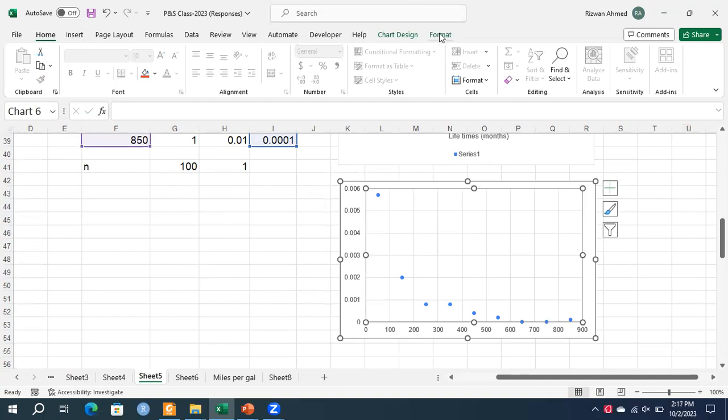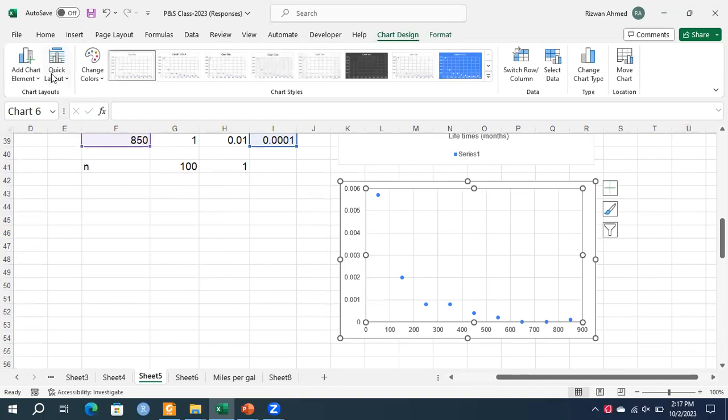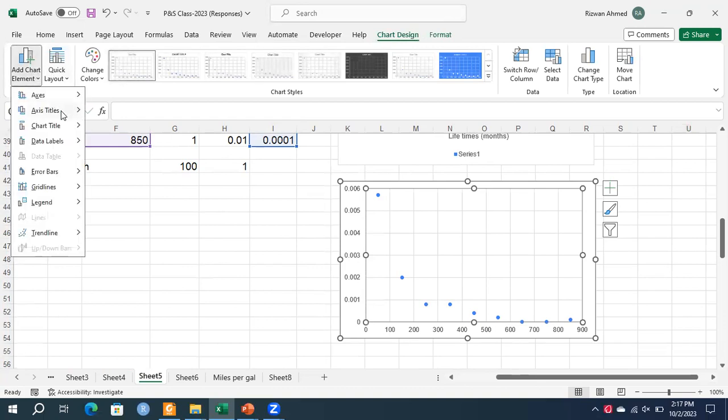So again, to make the graph look professional, we have to add the axis titles.